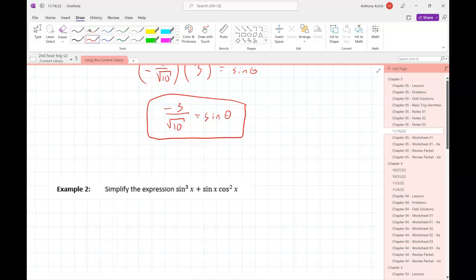First, you can do algebra stuff: factoring, foiling, adding fractions, combining like terms, things like that. That's all fair game. The second thing you can use are identities to take two things and turn it into one thing. Everybody's okay with that?